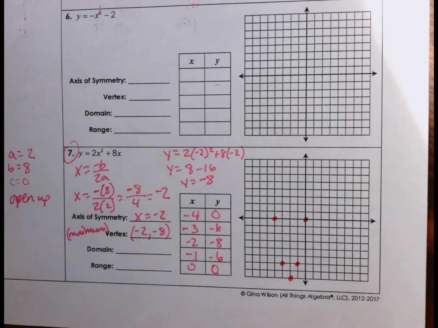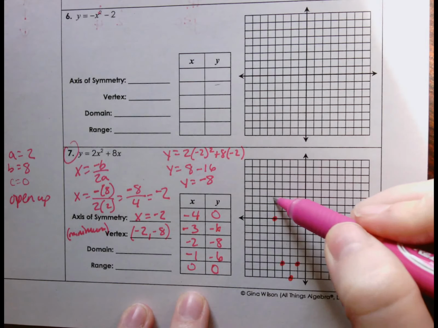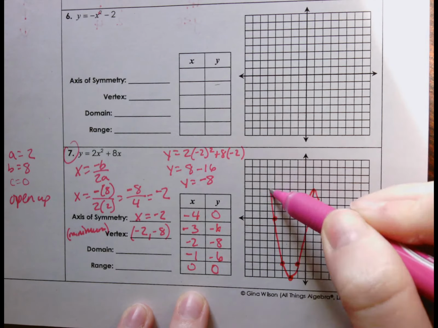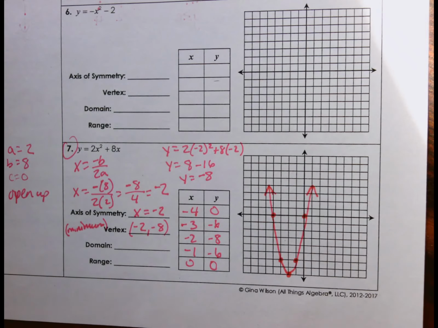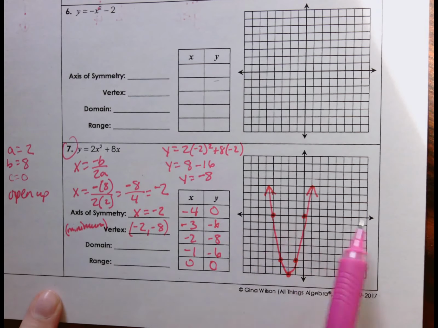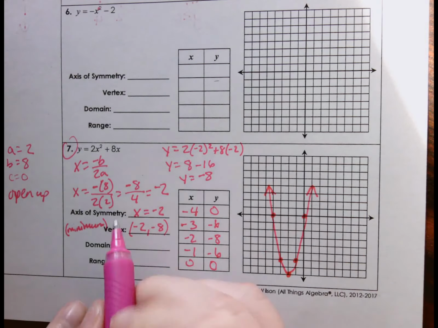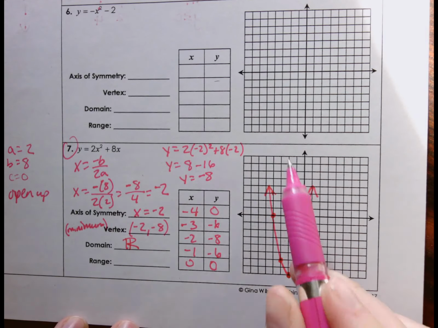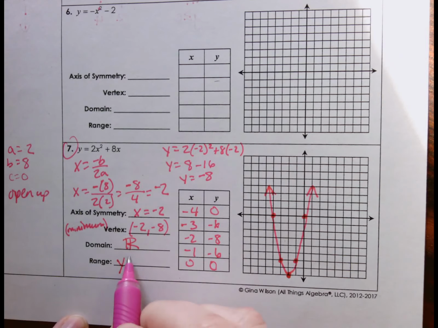Now that I have the points, I can go ahead and graph this as a smooth curve, not a point. And I can look at our domain and range. Again, for the domain, our values extend left and right forever, so it's going to be all real numbers. But our y value starts here at negative 8 and continues up forever. So y is going to be greater than or equal to negative 8.